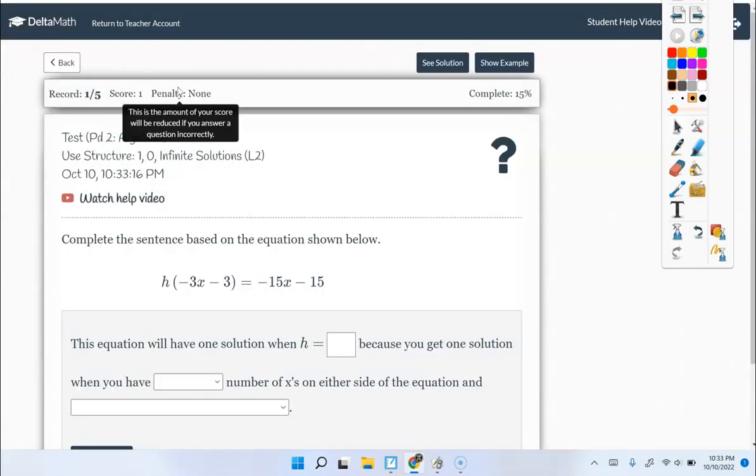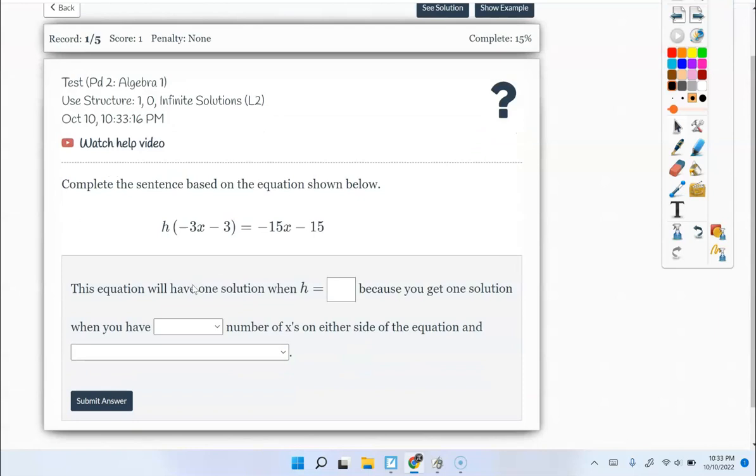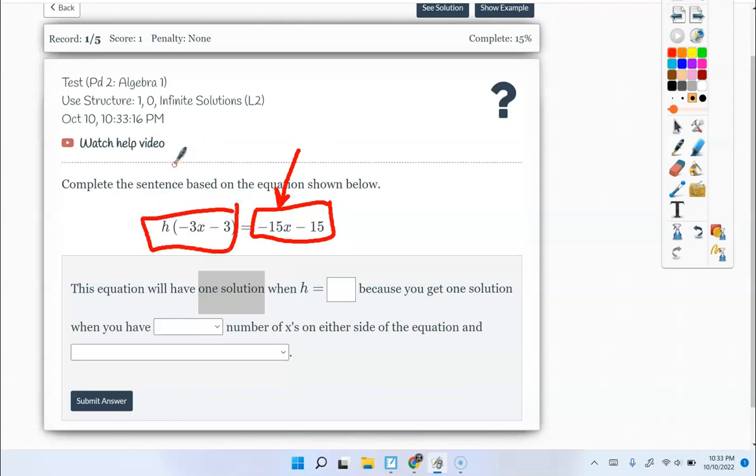Let's take a look at another one. They want us to have one solution here. So the right side has negative 15 as the x. So the left side has to have anything but negative 15 for the x. So if I put a 5 here, that would give me a negative 15.